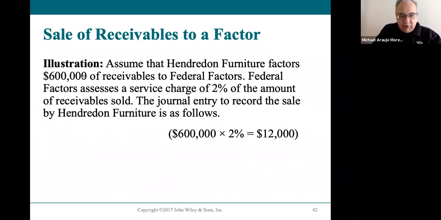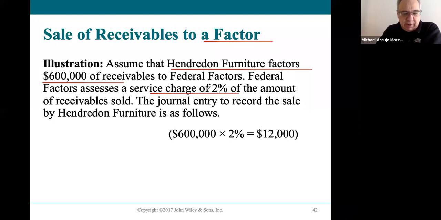So here's an illustration on a company that sold their receivables for cash to a factor. So here's another furniture company. I guess they're hooked on furniture here. Let's get comfortable then. $600,000 of receivables are sold from this furniture company to a company called Federal Factors. Federal Factors charges 2% as a service charge. Okay. So what is this furniture company going to do for a journal entry when they sell these receivables?